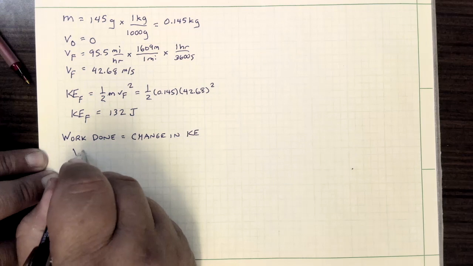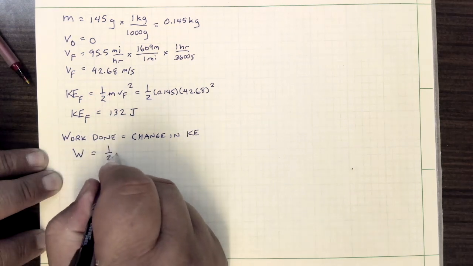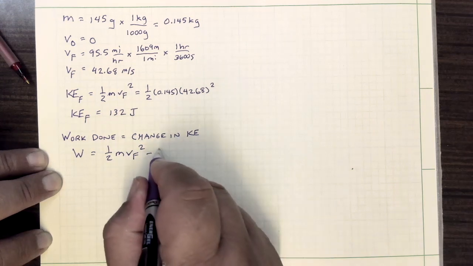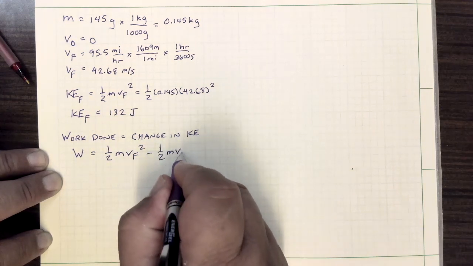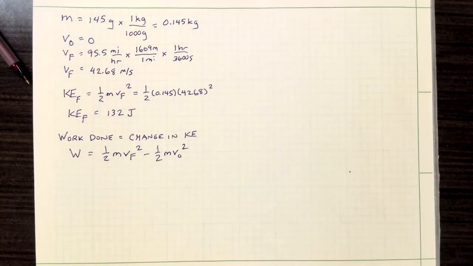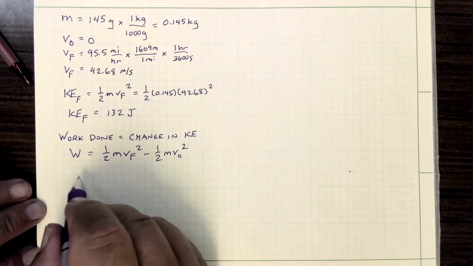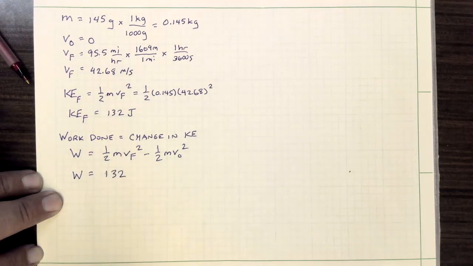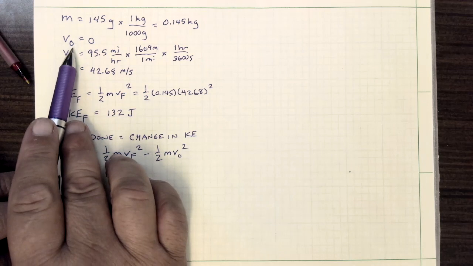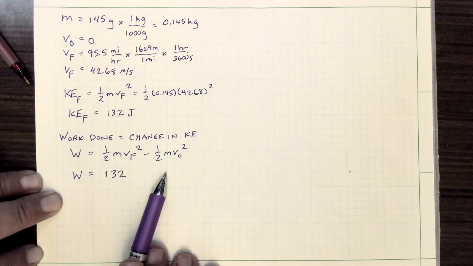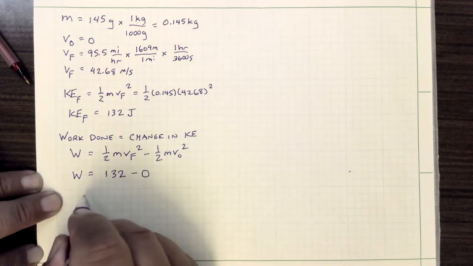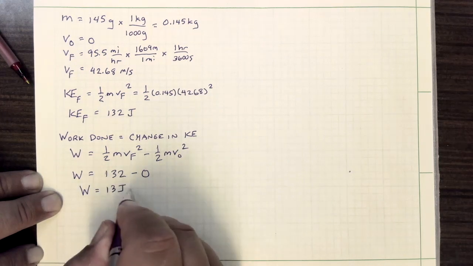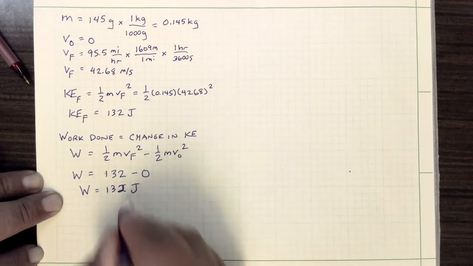In other words, work equals 1/2 times the mass times the final velocity squared minus 1/2 times mass times the initial velocity squared. We know, as we've calculated above, that the final kinetic energy is 132 joules, and since the initial velocity is 0, the initial kinetic energy is 0, so finding the work done is very easy. It's 132 joules.